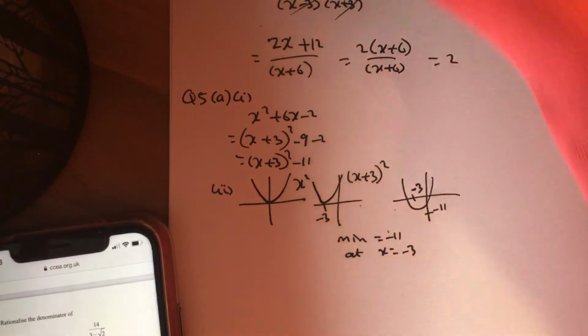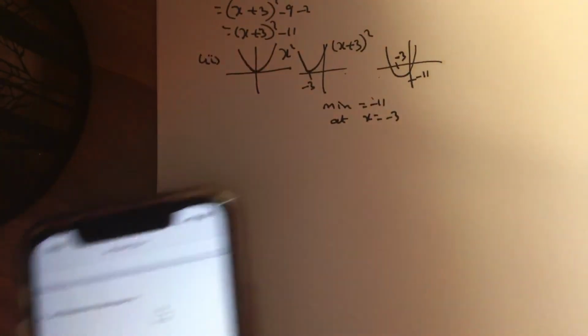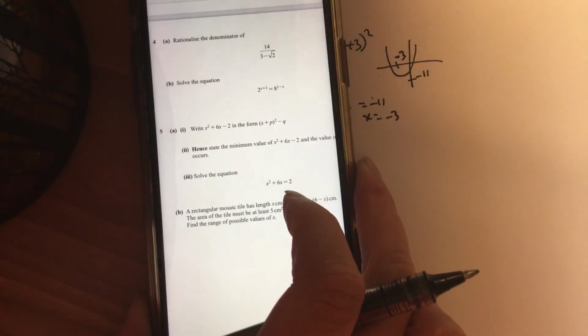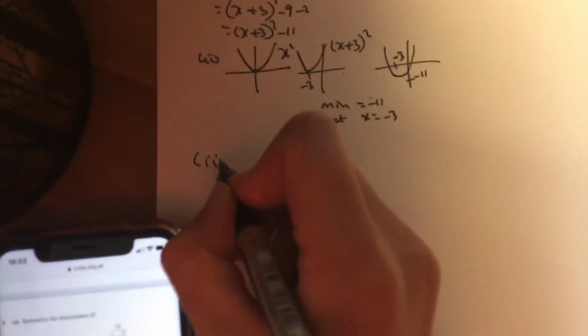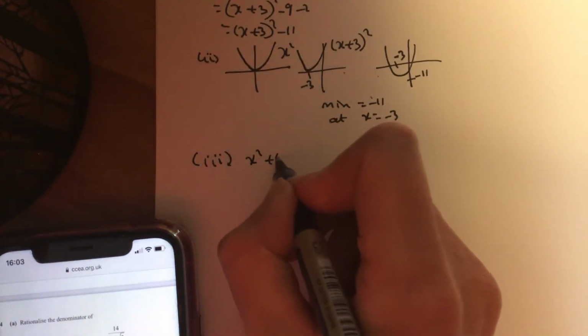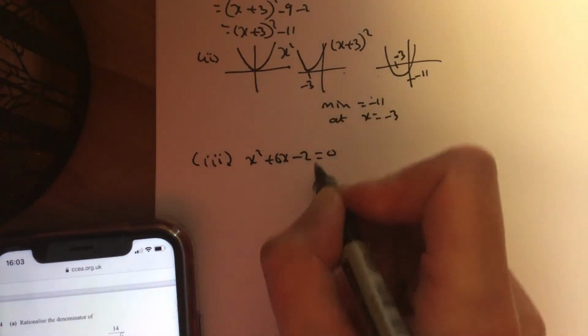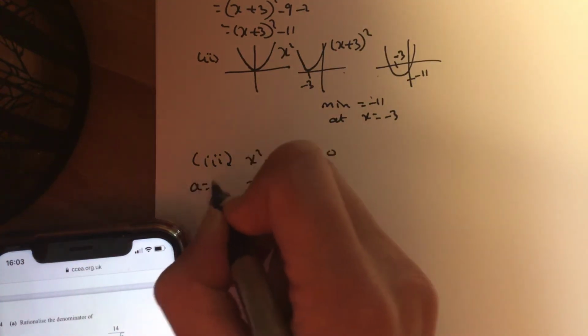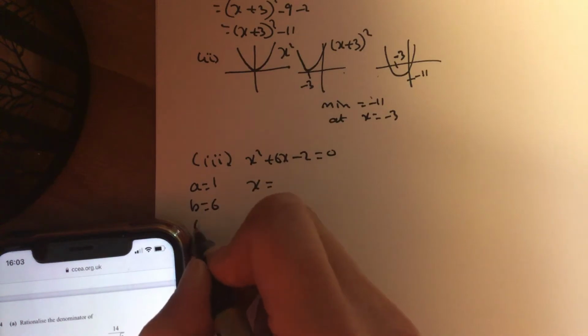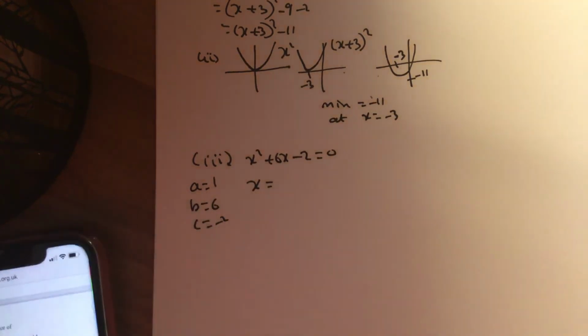Now the next bit of this question was to solve a wee quadratic. Just make sure everything goes on one side as normal for quadratic equations. So part 3, x squared plus 6x, that 2 goes over to minus 2. It doesn't factorise, so use your formula. A is 1, B is 6, and C is minus 2.